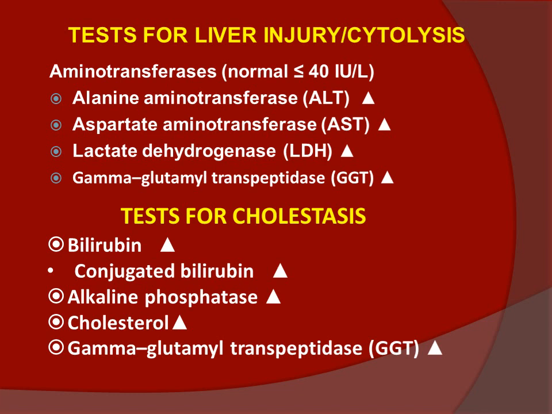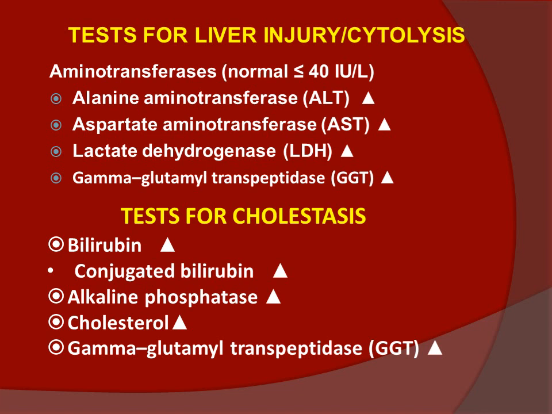Therefore, they can be considered as indicators of the liver injury. As AST is present in other organs such as heart, skeletal muscles, kidneys, and pancreas, it may be increased in the injury of one of these organs. In most liver disorders, the ratio of AST to ALT must be considered. In these cases, it is less than 1.